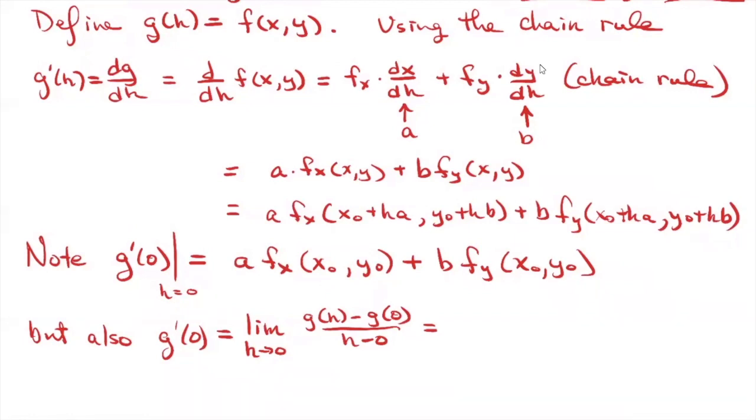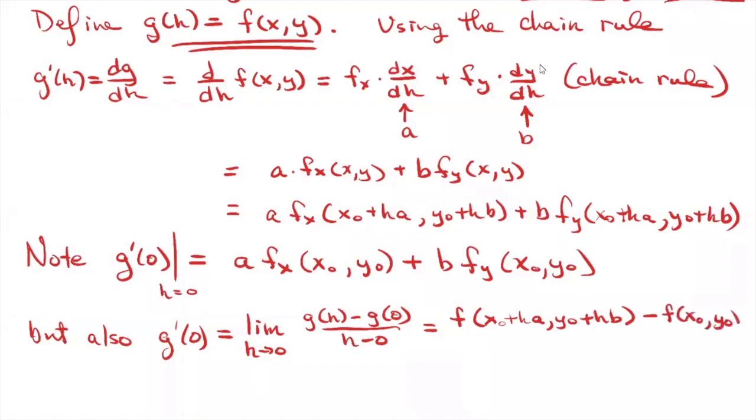So g of h is f of x, y, where x is x naught plus ha, y is y naught plus hb, minus g of 0. This would be f at x naught, y naught.